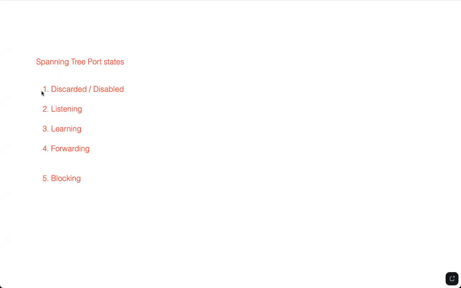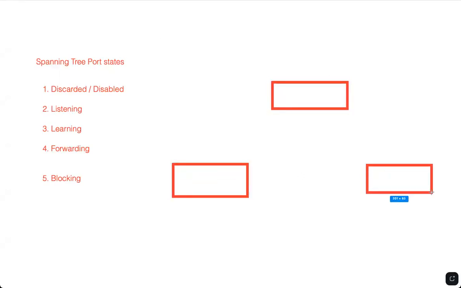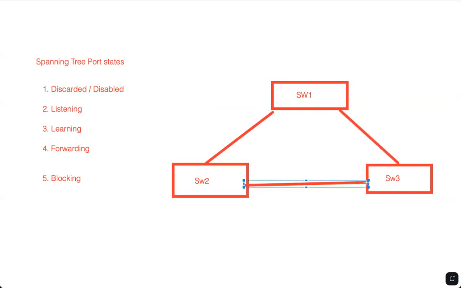Okay, so now I have switch 1, switch 2, switch 3. Now I have a combination. Okay, so now we know that switches will exchange the priorities, and whichever has the lowest priority becomes the root bridge.